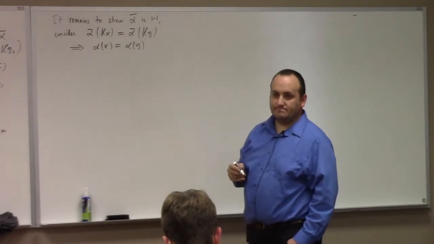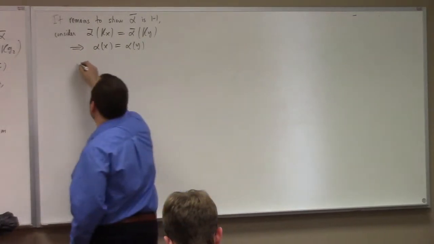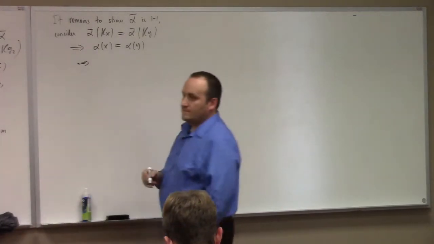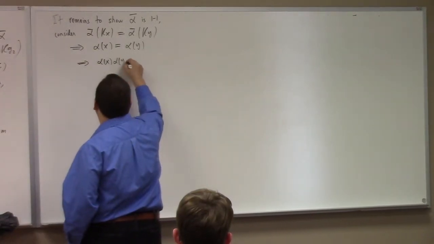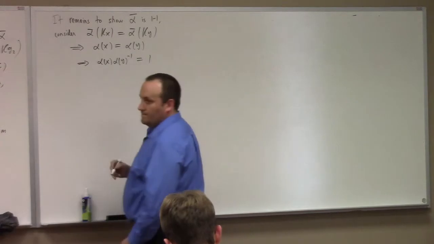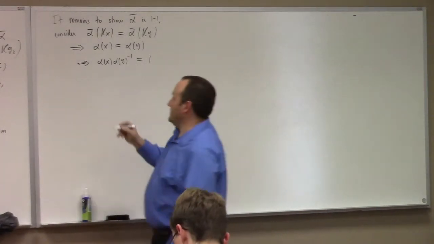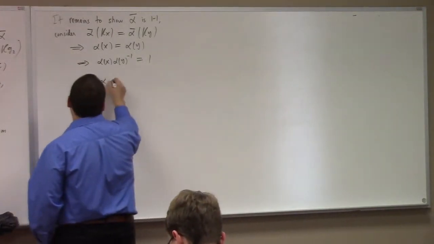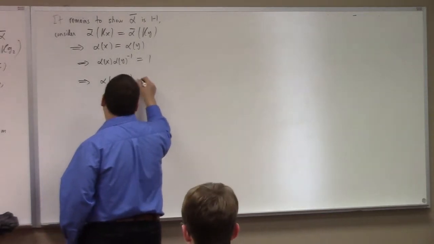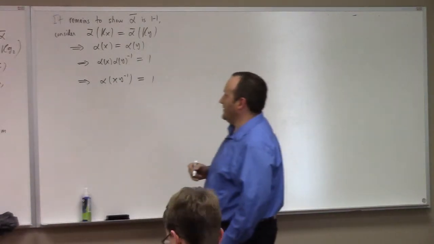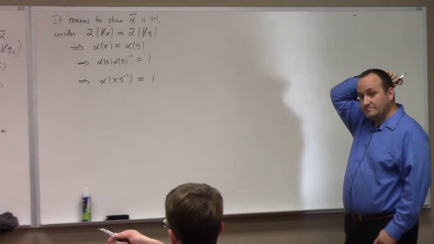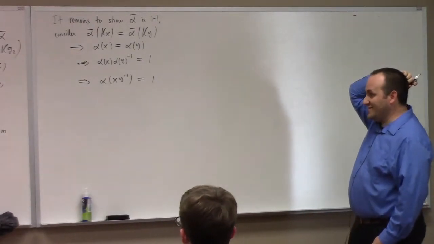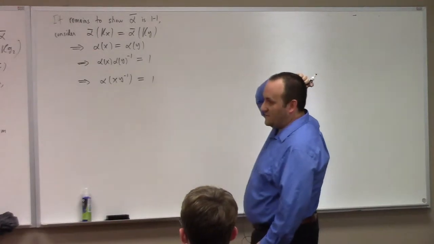But what's that mean? Alpha of x times alpha of y inverse is equal to 1, right? Which implies that alpha of x y inverse. We could just use star directly. Use star directly. Oh, thank you.